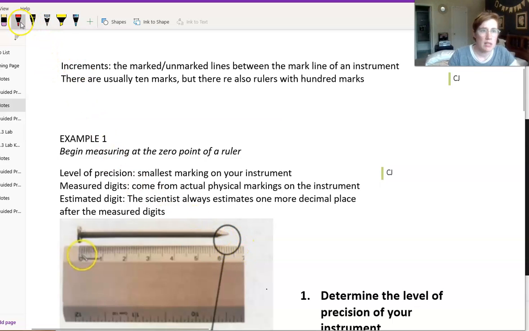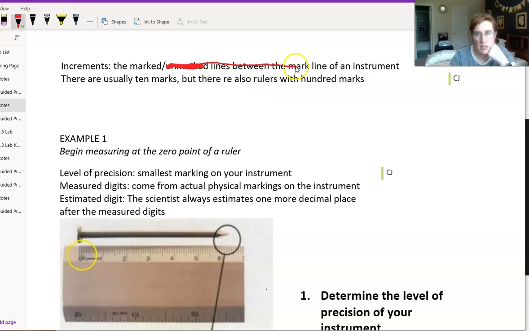Before I move on, I want to clarify some vocabulary terms. I'm going to use the word increment, and increments are the marked lines on an instrument.